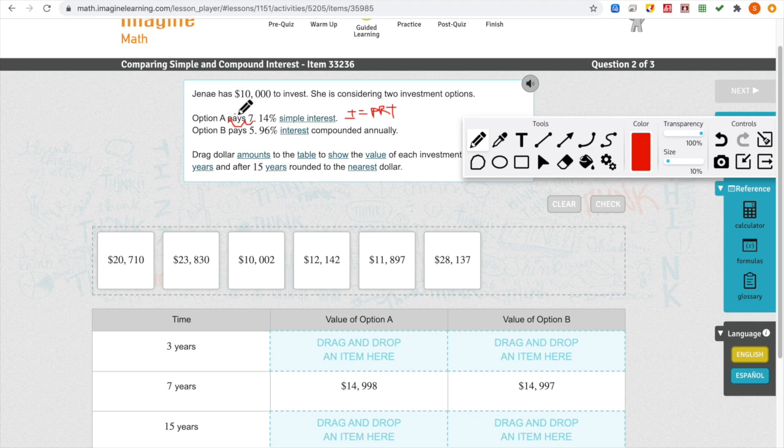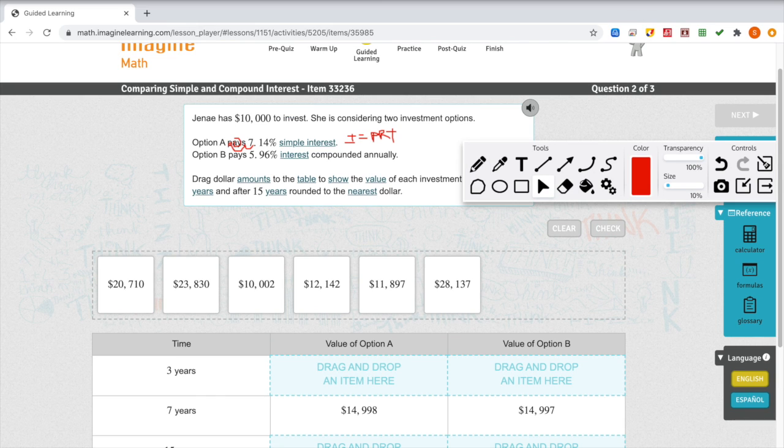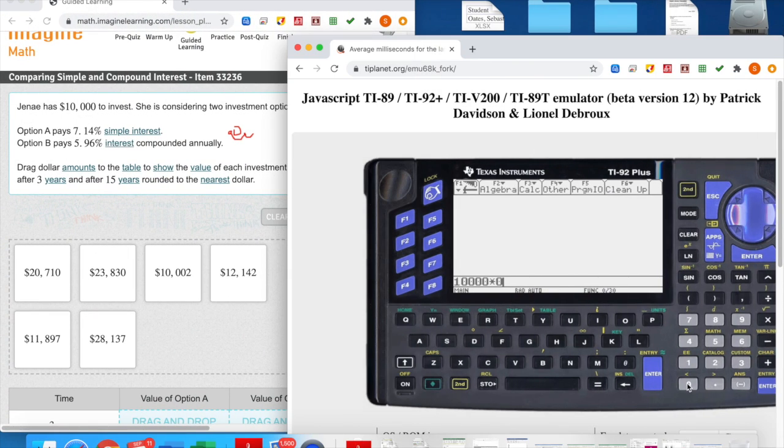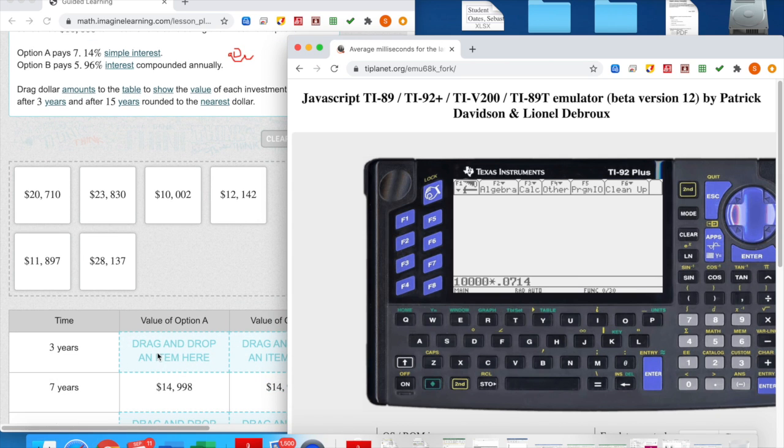So it's really going to be 0.0714. Times 0.0714. And first we're going to find out this first one, where the years is 3. So times 3 years.